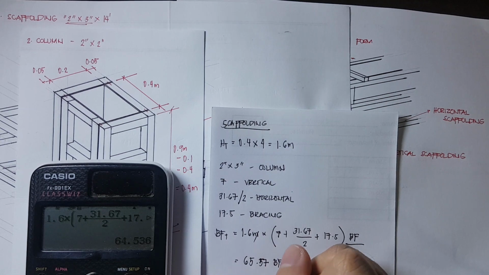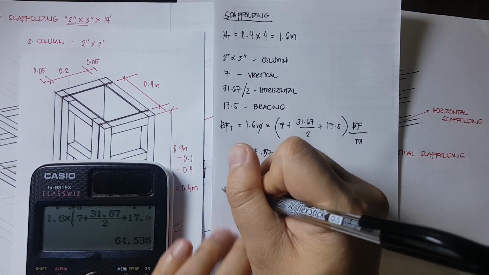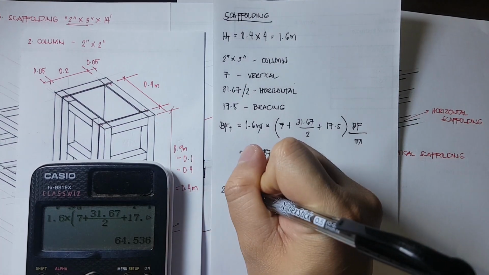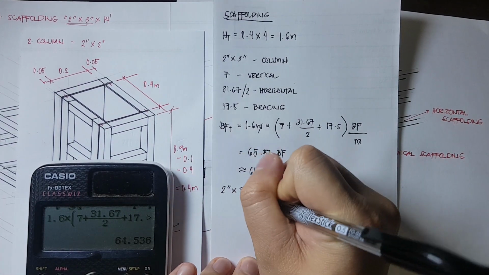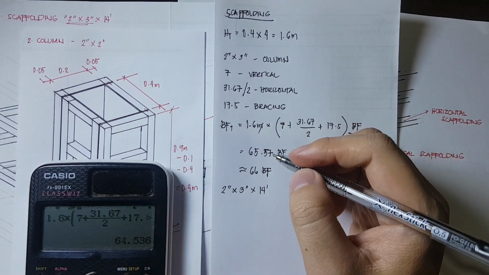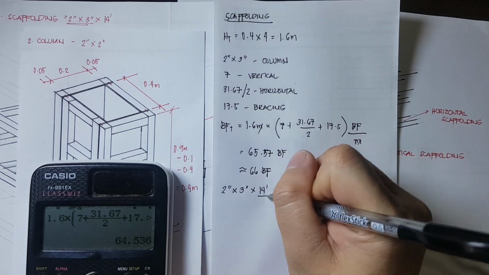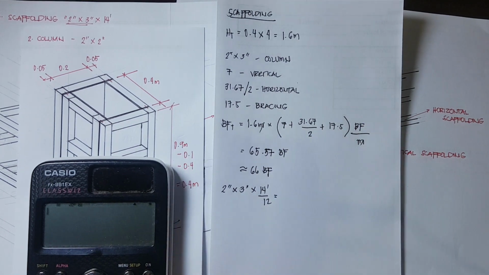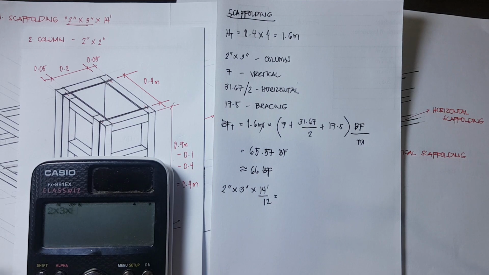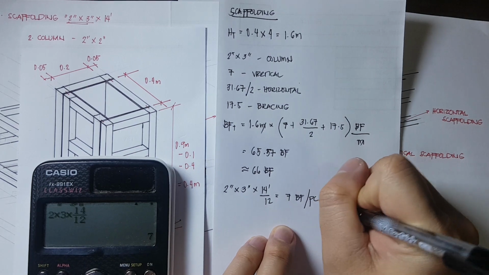That is equivalent to 66 board foot. So we will be using, like what we said a while ago, 2 inch by 3 inch by 14 feet. Now, how many board foot does one piece of 2 by 3 by 14 have? That is equivalent to 7 board foot per piece.